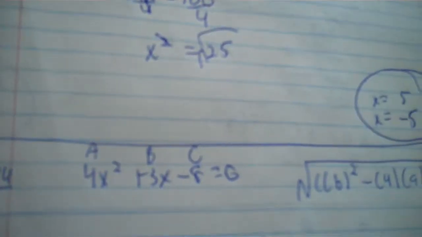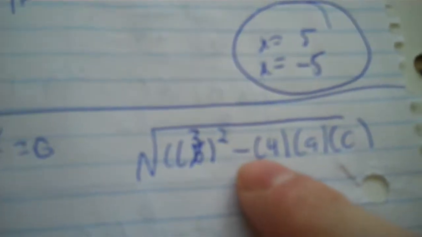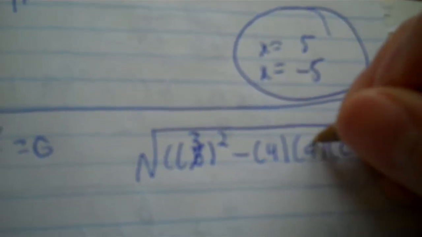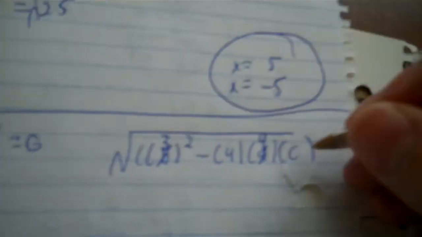You need a second, okay? And then for the B, you're going to put 3. So 3 to the second. 3, close it once, and then hit that x to the y power, and then hit 2. And then minus parentheses 4, because A is 4, and then C is negative 8.